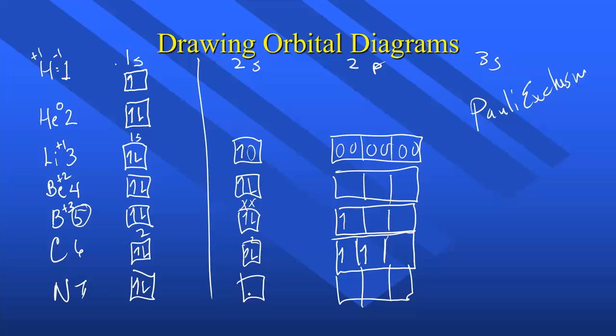How many go here? How many go here? How many go here? This is 6. And how many go here? So you needed how many rooms? 5. How magnetic is nitrogen compared to carbon? More.